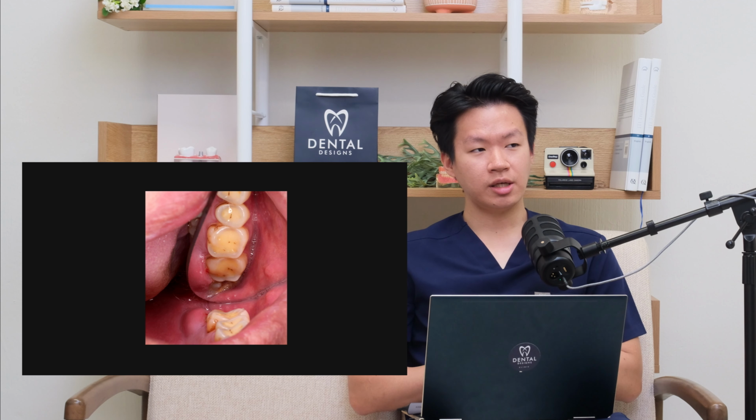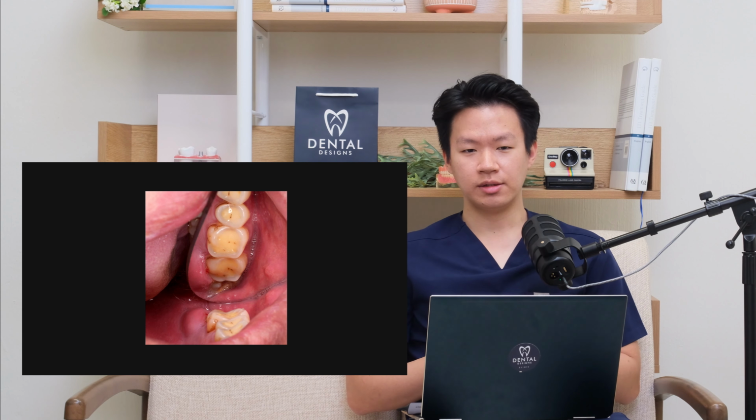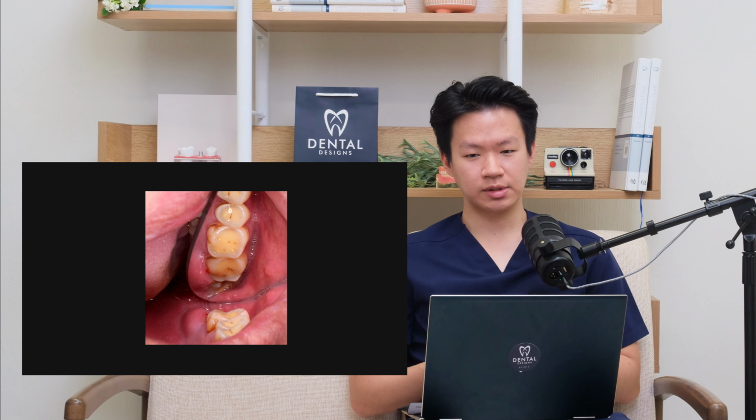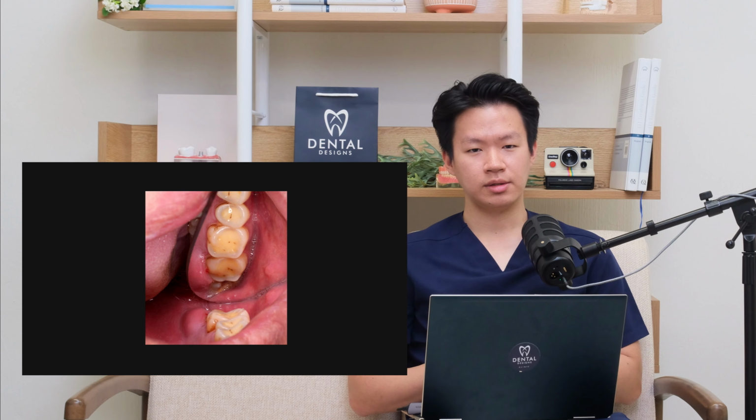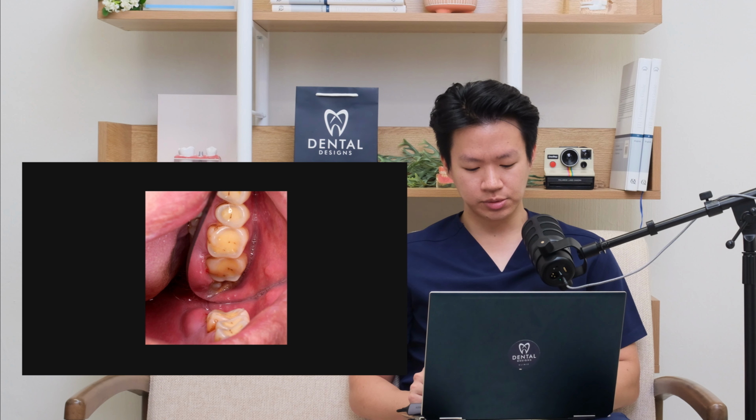So this patient came in complaining of a gum swelling on his upper left, right? So normally for patients that come in complaining of a gum swelling, the first thing we think of is gum disease, right? So makes sense, right? So when we look inside his mouth, we can see a very distinct swelling of the gums, as you can see in the photo here, around his upper left second molar, right?